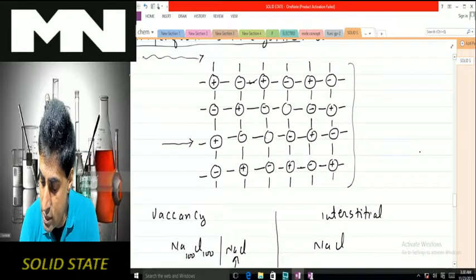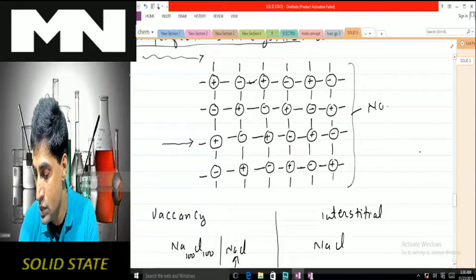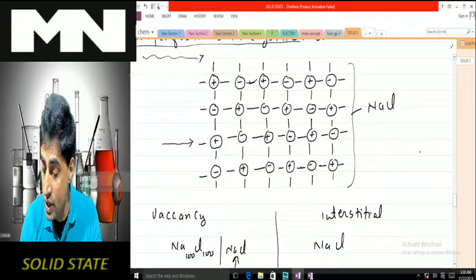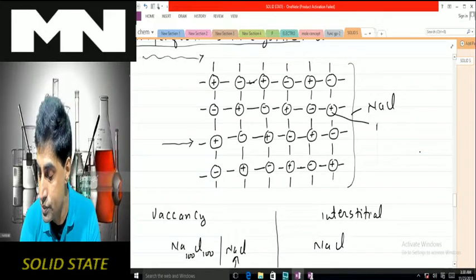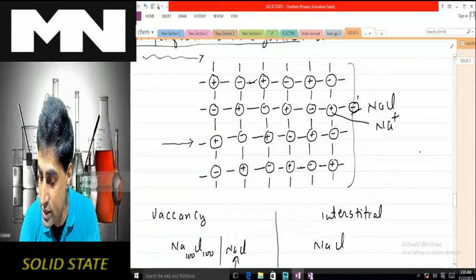Now in this case, it is NaCl. In this NaCl, if you talk about one Na positive ion, you'll see this Na positive is surrounded by a chloride over here. So this is one of the chloride, second chloride, third chloride, fourth chloride.